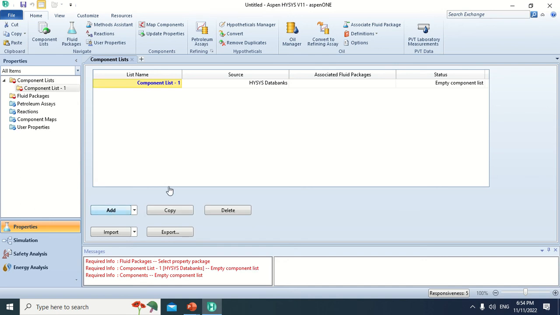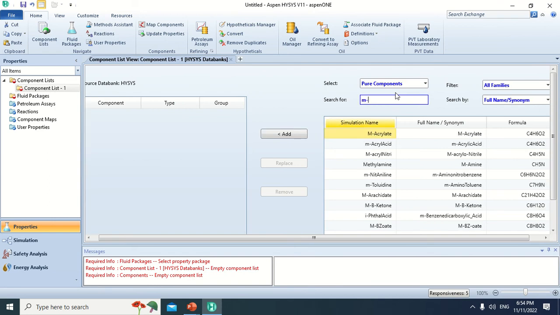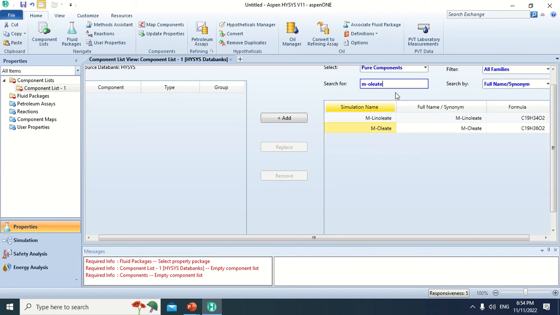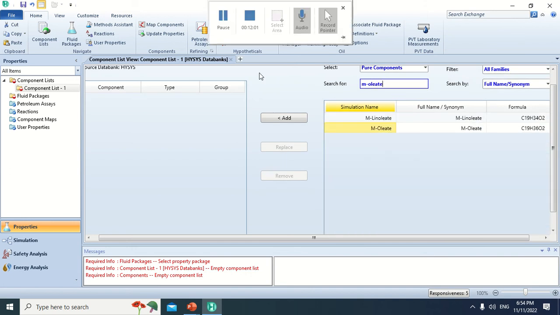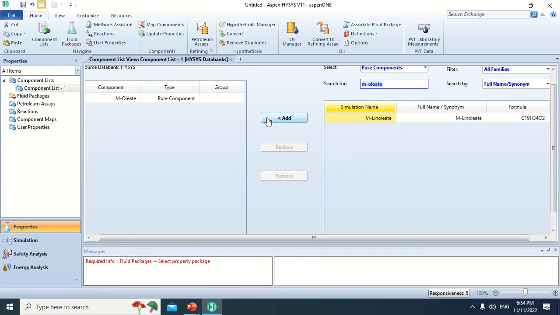Click on it. At first, I search about methyl oleate. First component. Yes, I added.